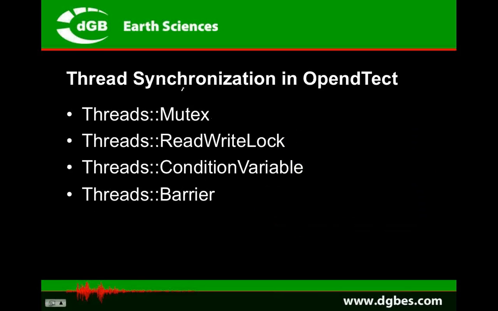In OpendTect, we have 4 different classes for synchronization. We have a mutex, and a mutex grants an exclusive right to use a certain resource. We have the read-write lock, which will allow multiple threads to have read access to a variable.